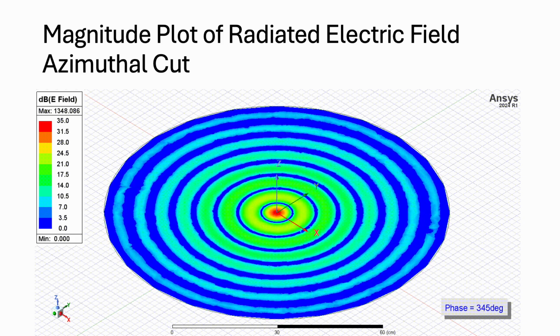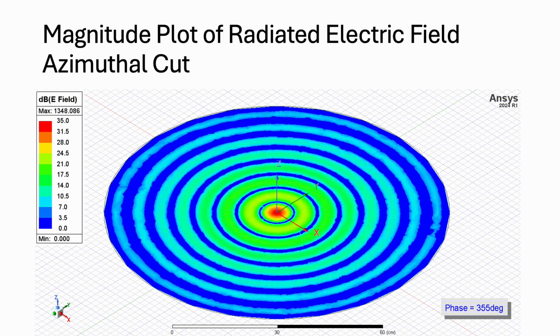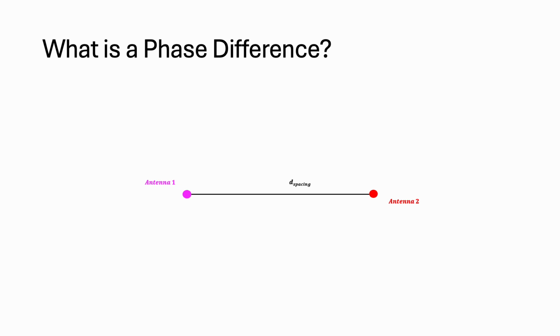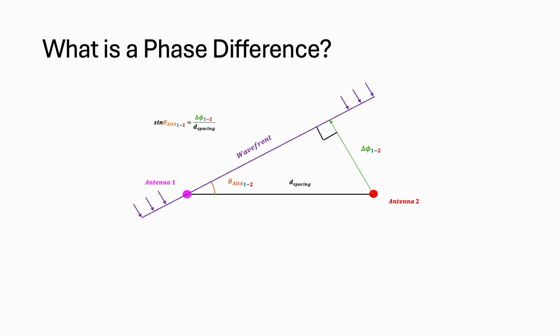Now, animated here is a plot of the radiated electric field magnitude. But these are the waves that we're looking for specifically. We can have our two antennas placed, and by knowing their spacing and the frequency of our signal, when we find our phase difference, this is coupled to the wavefront, and that is exactly how we get our angle.